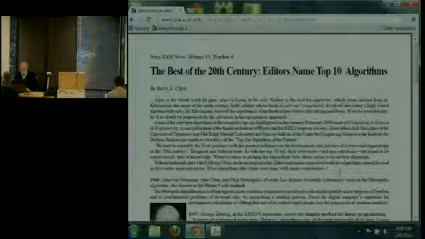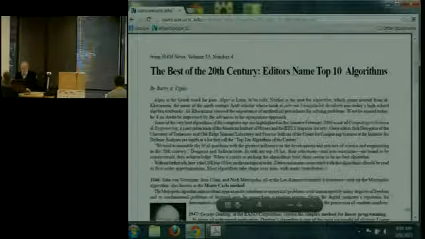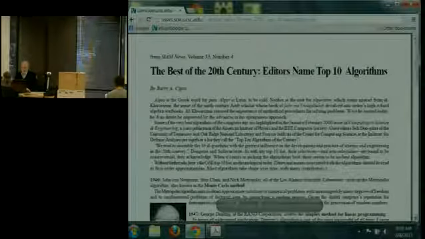I guess it was people writing in something called Computing in Science and Engineering, which comes out of the IEEE, and not in any particular order other than chronological, so not claiming that this is the most important algorithm. But chronologically the very first of the top 10 algorithms is the one we're going to talk about today, the Metropolis algorithm. And then you'll see lots of other old friends here, George Dantzig with the simplex method, and Householder's matrix decompositions, the Fortran optimizing compiler.